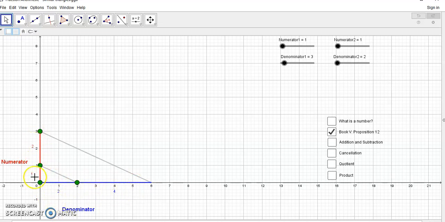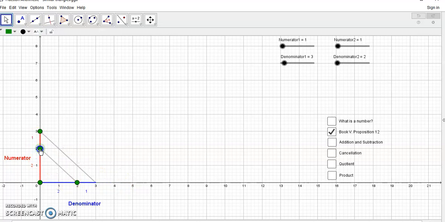As you can see, I have sketched the numerator on the y-axis and the denominator on the x-axis. And 3 divided by 6 is a half, and 1 divided by 2 is a half, and 2 divided by 4 is a half. So it doesn't matter where you are, the ratios will always be the same.